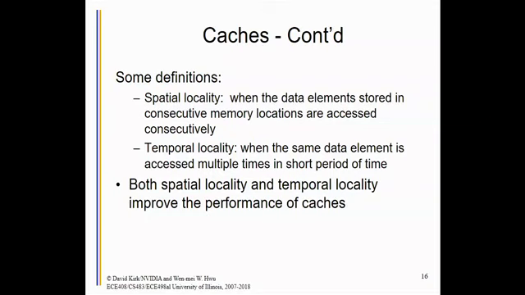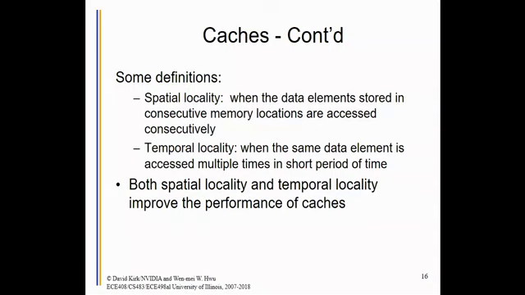If I access a particular piece of data, chances are I will probably access the data around it. So that's spatial locality. Temporal locality means that if I access a piece of data in the global memory, I will likely revisit and reuse that data in the near future.